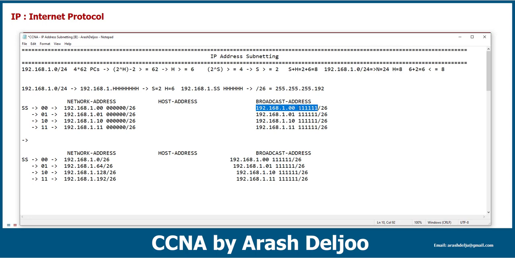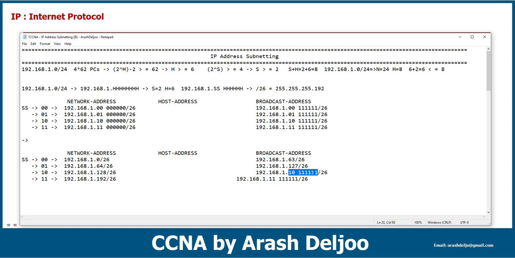About the broadcast address, if you convert the ones to decimal, you will have 63. Because of that, let me write here 192.168.1.63/26. After that, here we have 192.168.1.127. And the next broadcast address for the next network is 192.168.1.191.